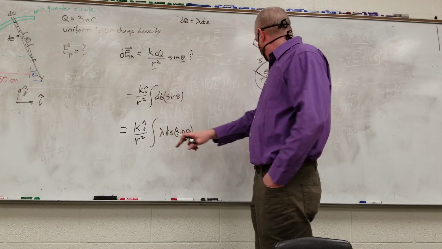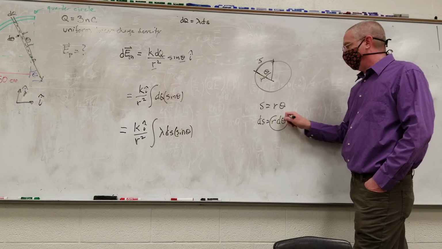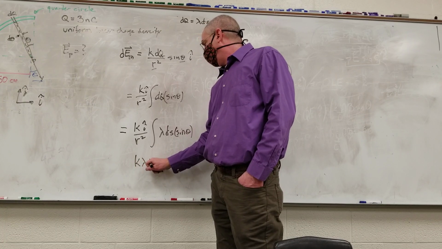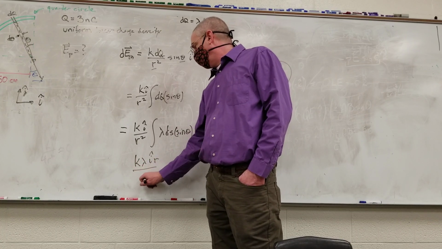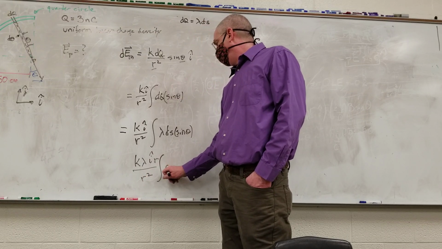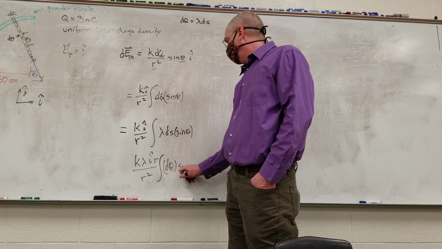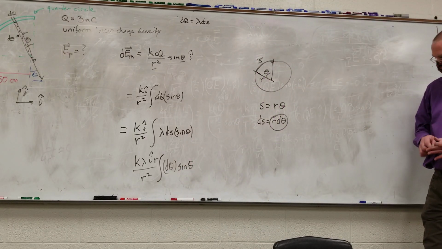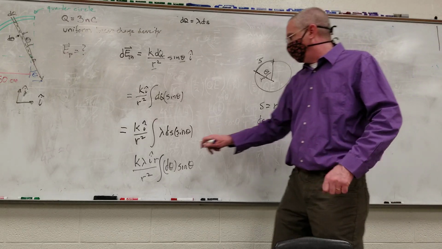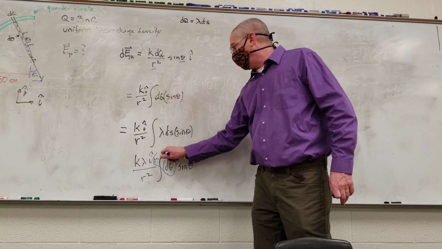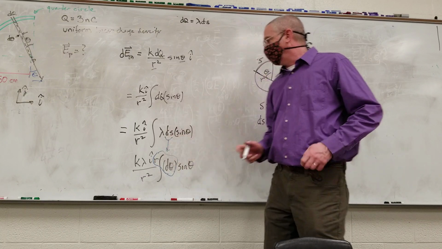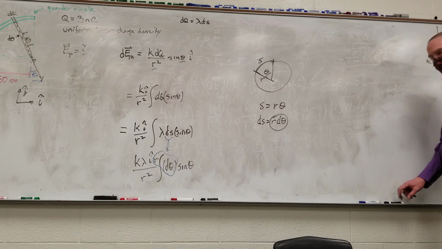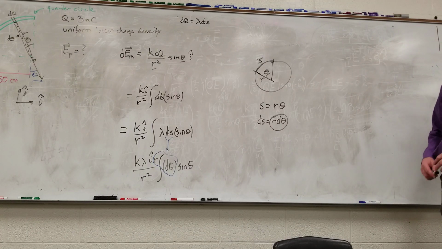And so now I plug in R d theta into here, and so I have K lambda i hat R over R squared, integral of d theta sine theta. So this bit right here, this R d theta, is ds. And again, R is constant because it's part of a circle.